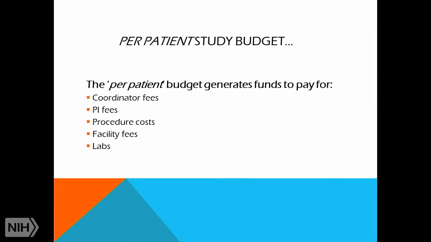Procedure costs are those things that might be used to evaluate if this study, drug, or device is working. It could be x-rays. It could be, again, colonoscopies or endoscopies.